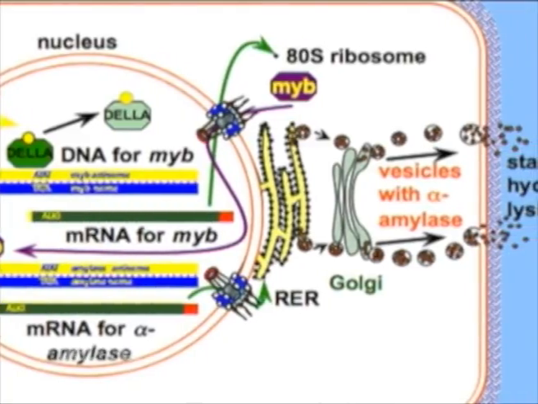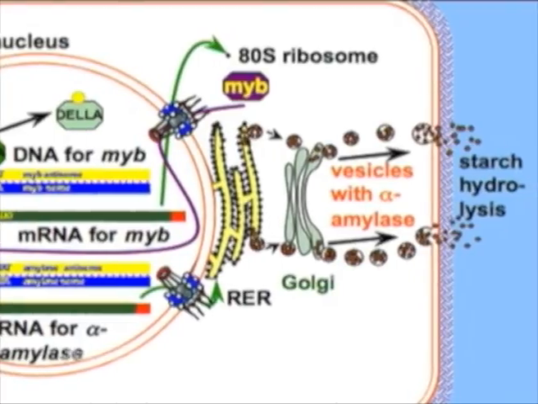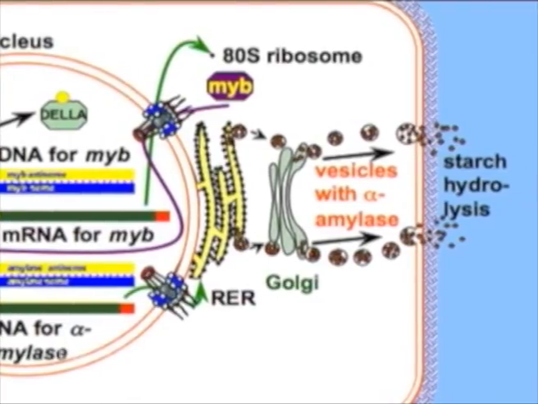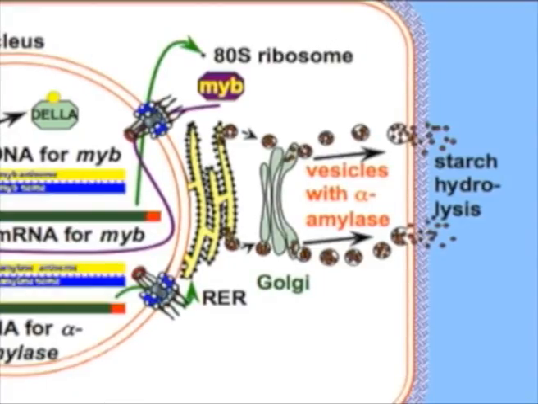The alpha amylase synthesized and enclosed in secretory vesicles is released from the Golgi bodies. The secretion of alpha amylase requires a calcium calmodulin dependent signal activated by GA.